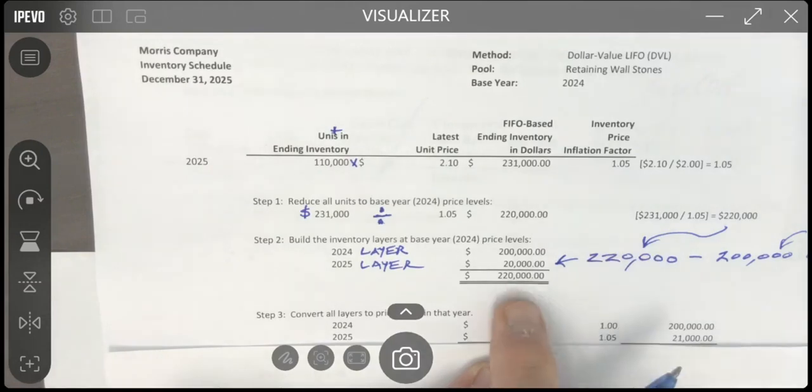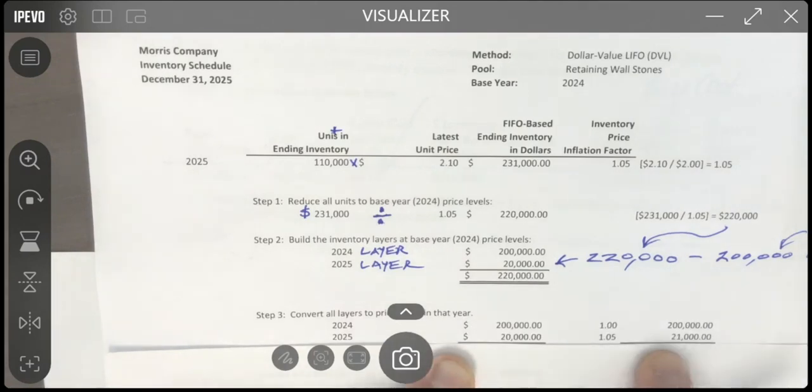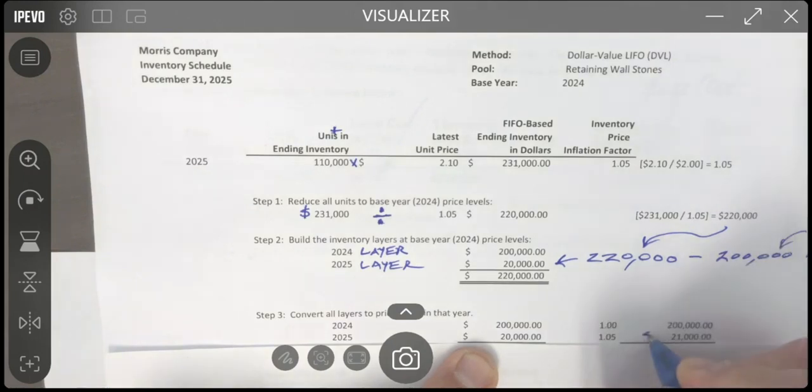So that was the addition to inventory in 2025 because we built it. All right, and so the base year layer remains at 200,000, but now we inflate the current year layer to $21,000.